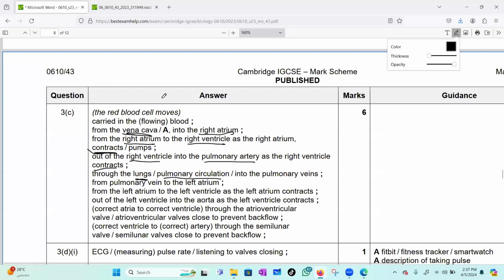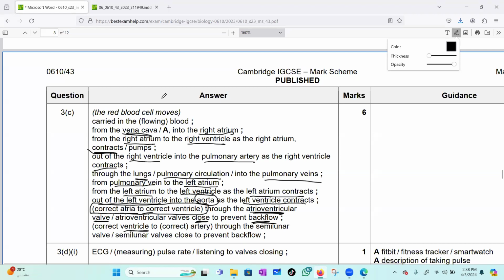It has to be in the correct order. From the pulmonary vein to the left atrium, from the left atrium to the left ventricle as the left atrium contracts, out of the left ventricle into the aorta as the left ventricle contracts, correct atria to correct ventricle. See that? So there has to be the correct order. Through the atrioventricular valves, which close to prevent backflow.